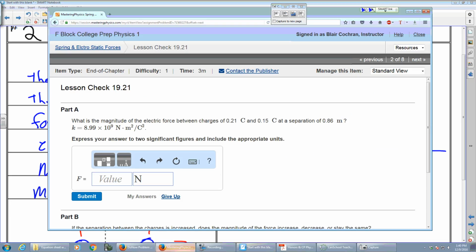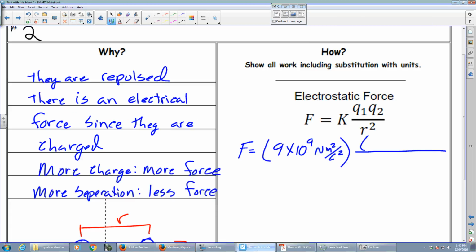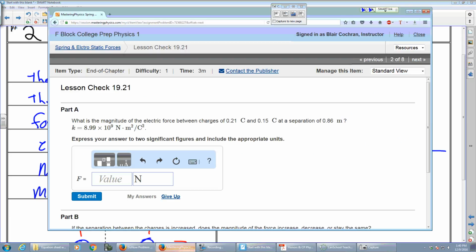Charge 1. Which one do we want to use as charge 1? 0.21. It's in coulombs. Do I have to change that to microcoulombs or kilocoulombs or anything like that? Nope. It's base unit.